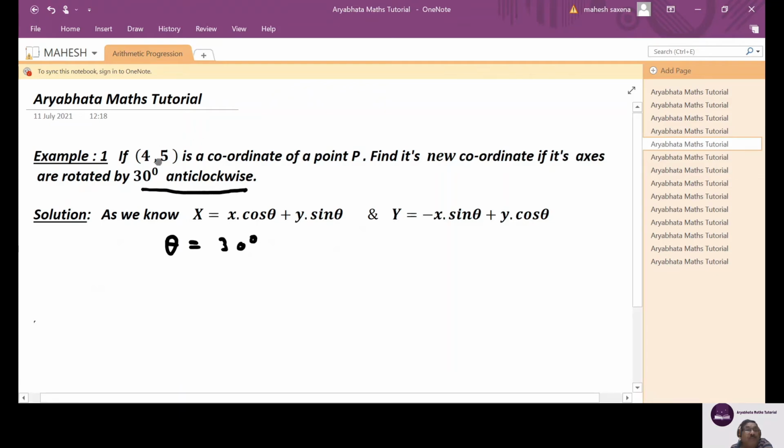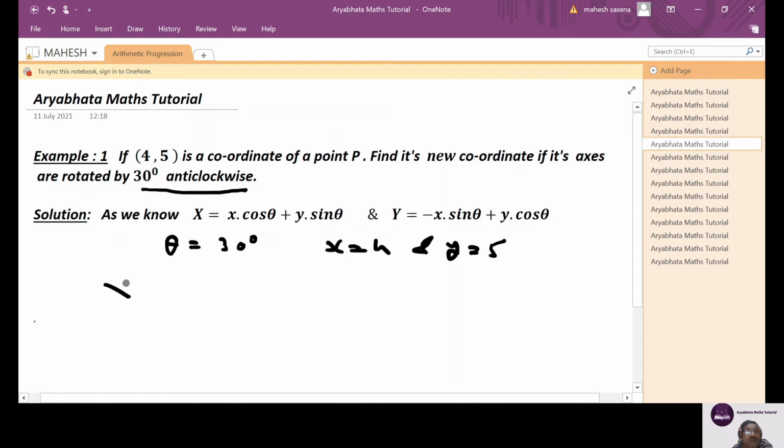And the coordinate of the point is (4, 5), therefore small x is equal to 4 and small y is equal to 5. Therefore, we will put the values of small x, small y and theta in this equation.